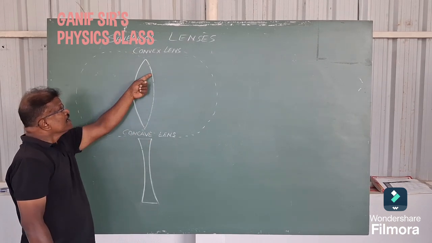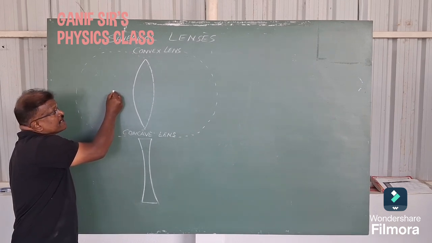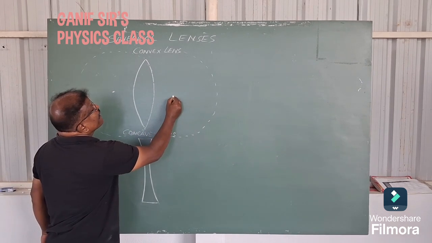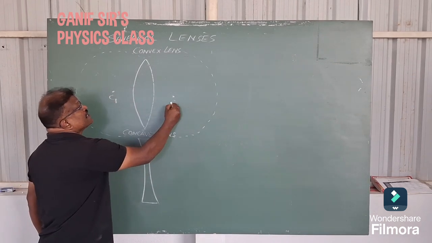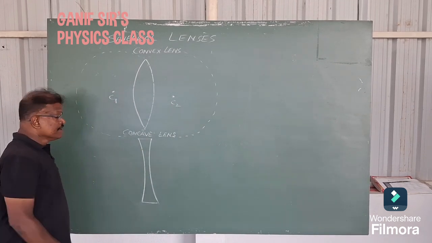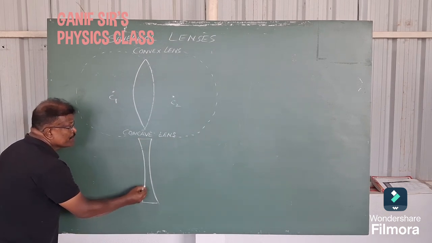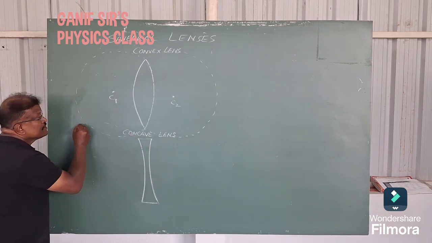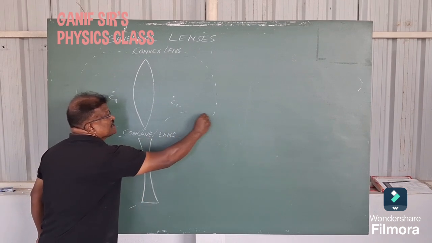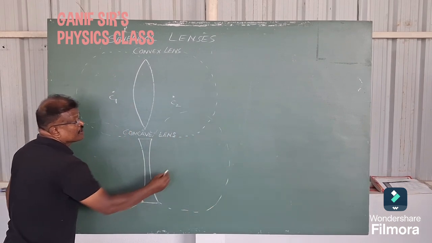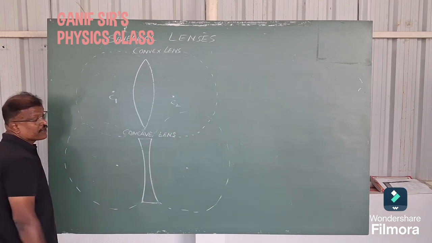That means these two spheres have certain centers, and I call those centers C1 and C2. And even the concave lens is also a part of a sphere. So these two surfaces are parts of spheres, meaning they too have centers of curvature.